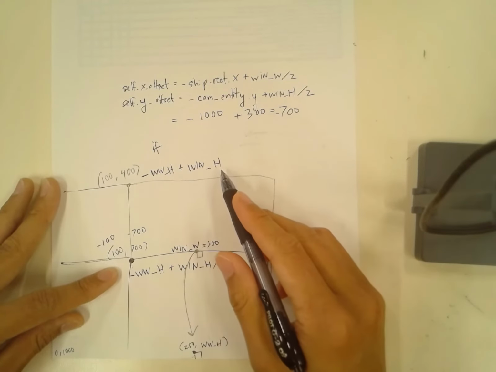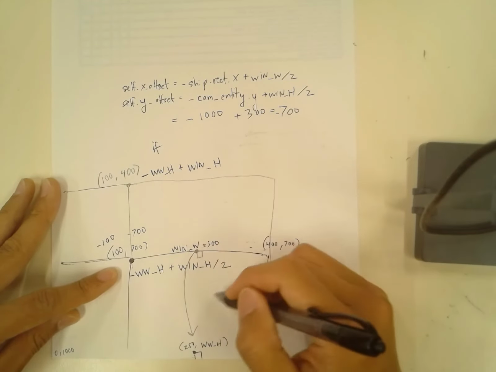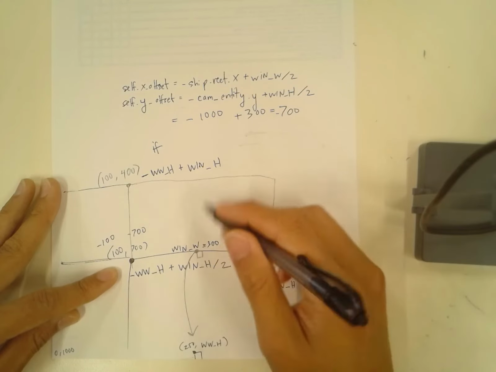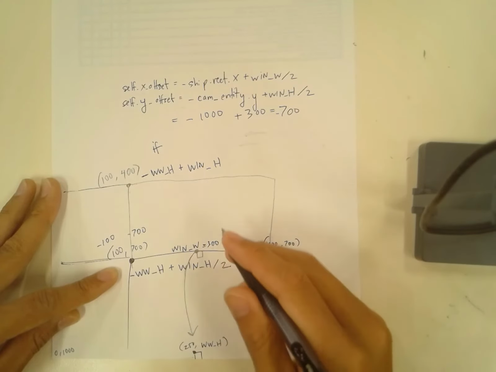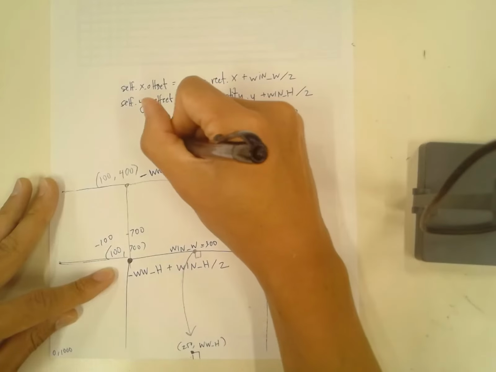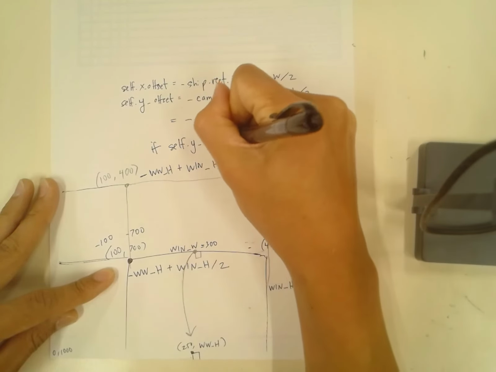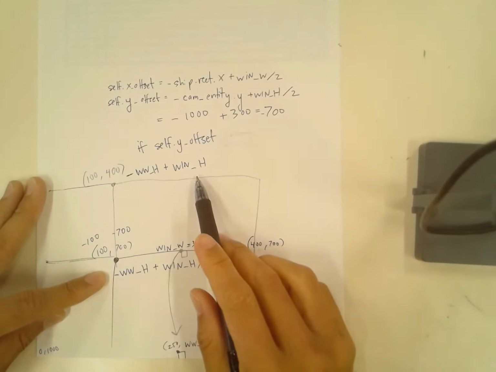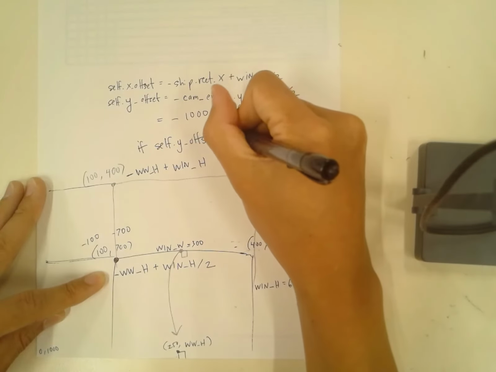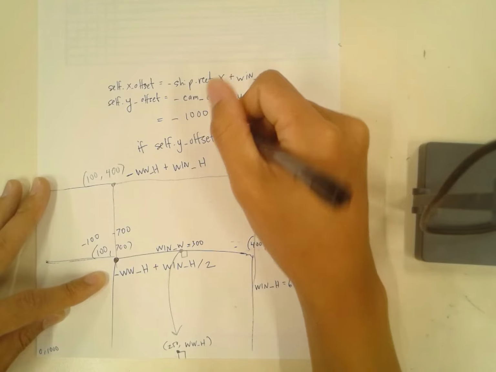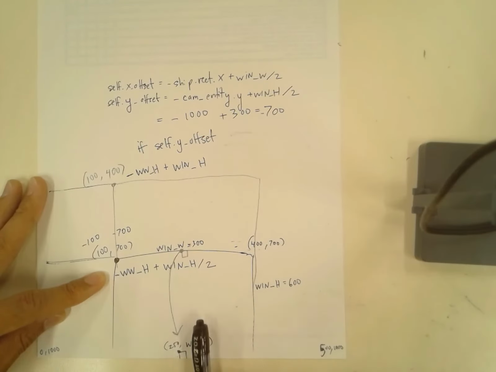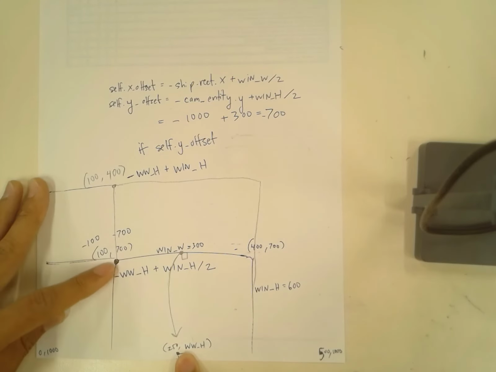So what could be the conditional statement that would cover this range? Well, we would say if self.y offset is greater than, is that right? Yeah, so as the ship is moving upward, he starts at the bottom and the y offset is negative 700.